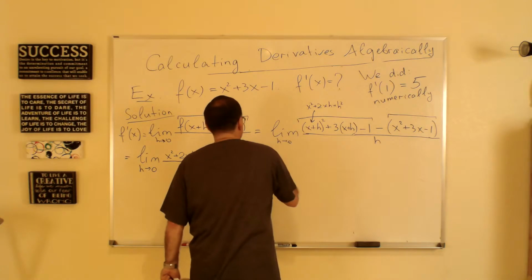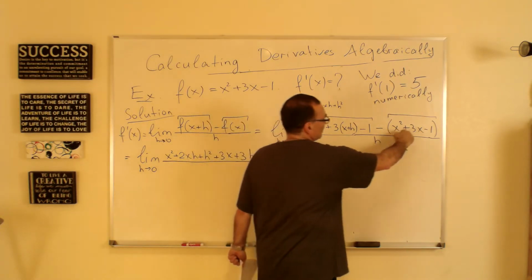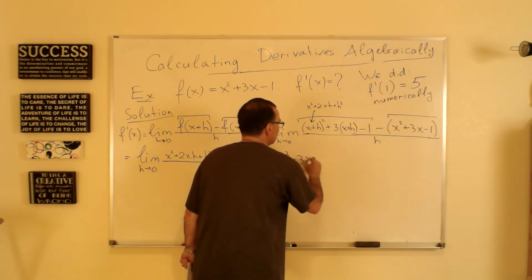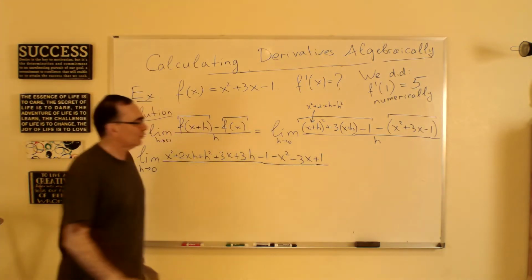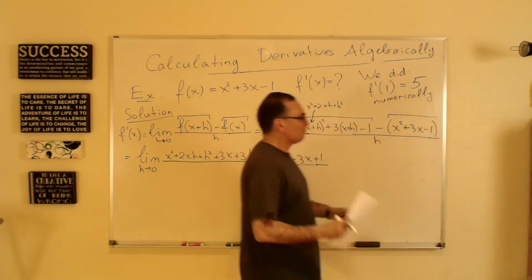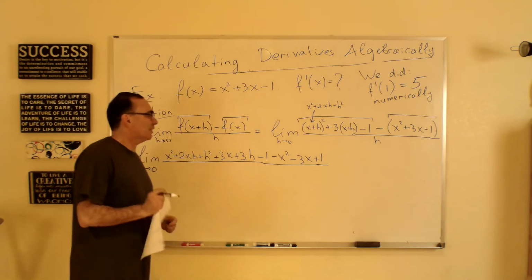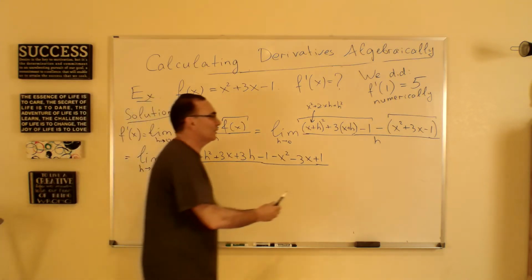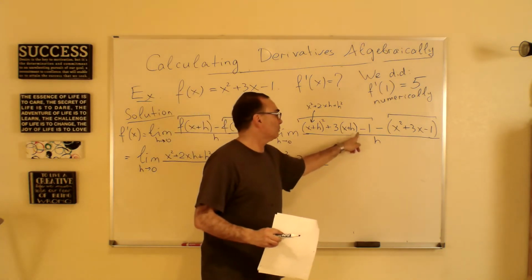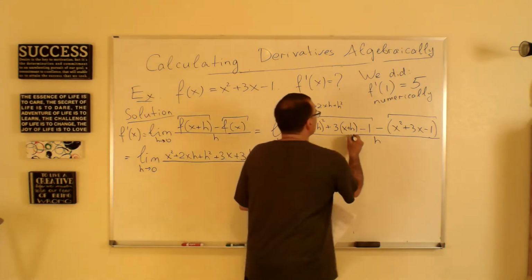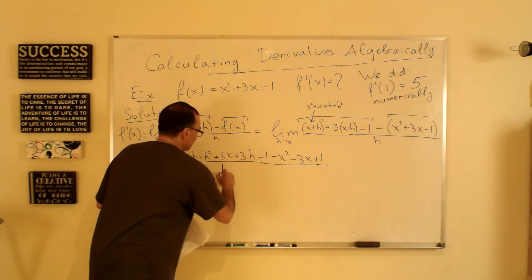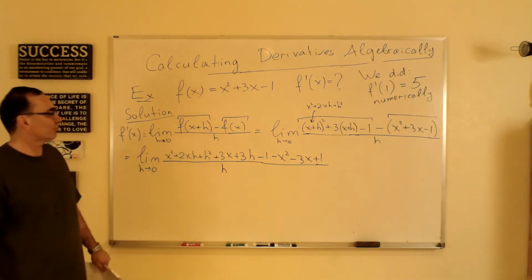Now minus 1 will stay by itself, and this minus will distribute, so it will be minus x squared minus 3x and plus 1. All the algebraic manipulations should be correct. I already said that students or whoever is studying calculus should know algebra and algebraic manipulations really well in order to be able to manipulate formulas and do other calculations that are required to do calculus. So this is the entire numerator, pretty long, and then divided by h.